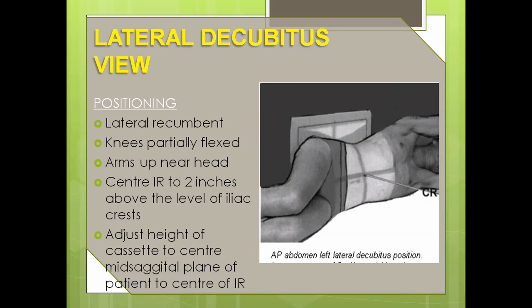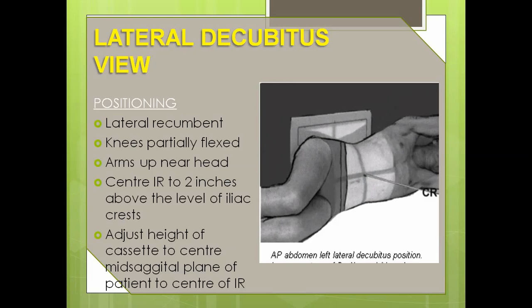If the left side is down, the left side contains the stomach, right? The stomach will come down. If there is any leaked air, it will come to the right side, near the liver. If any gas is present near the liver, it means there is a perforation, leakage of the bowel gas. So that's why you should always take the left lateral decubitus view whenever you are taking abdominal radiography.